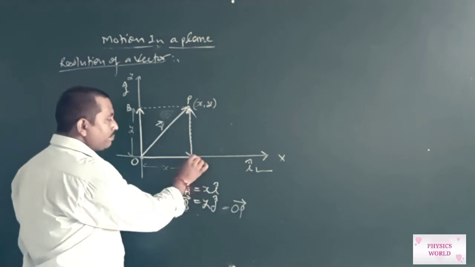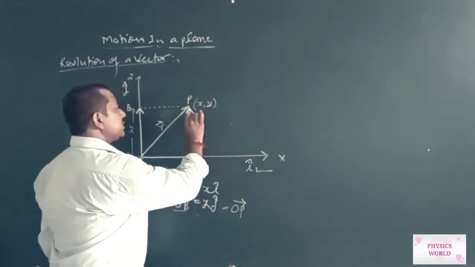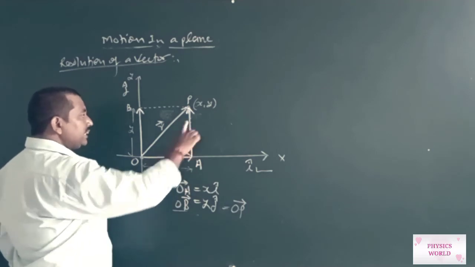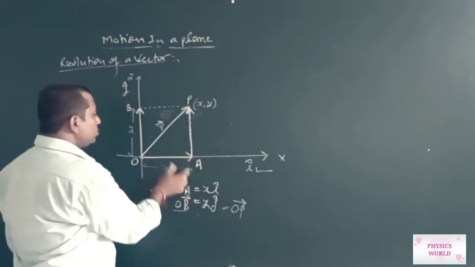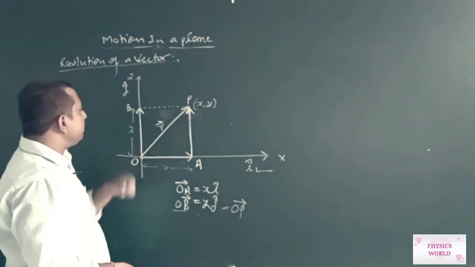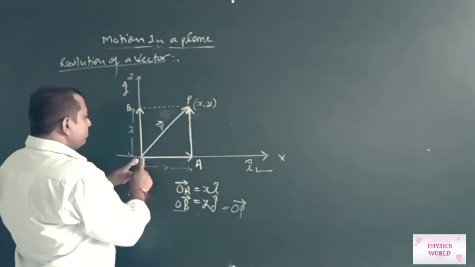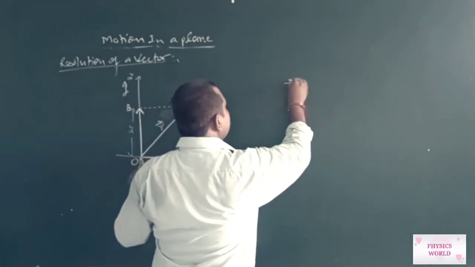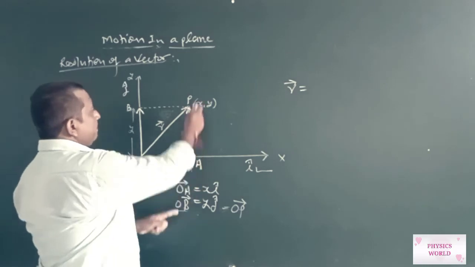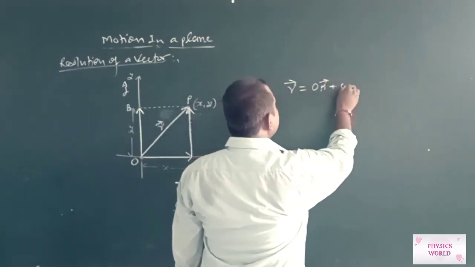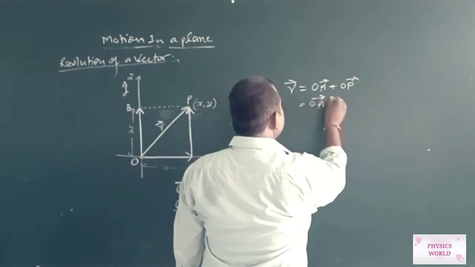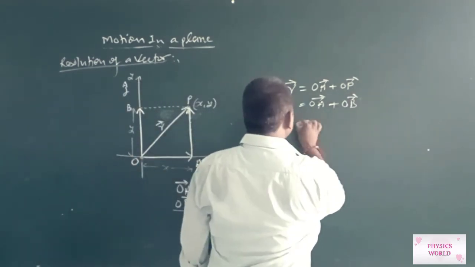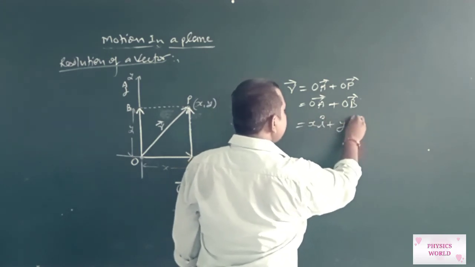If we start the second vector from the head of the first vector, then the resultant of the sum of these two vectors is represented by a line joining the tail of the first vector to the head of the second vector, that is vector R. So vector R is vector OA plus vector AP, which is vector OA plus vector OP, and we know that vector OP is equal to vector OB, so this will be equal to x i cap plus y j cap.